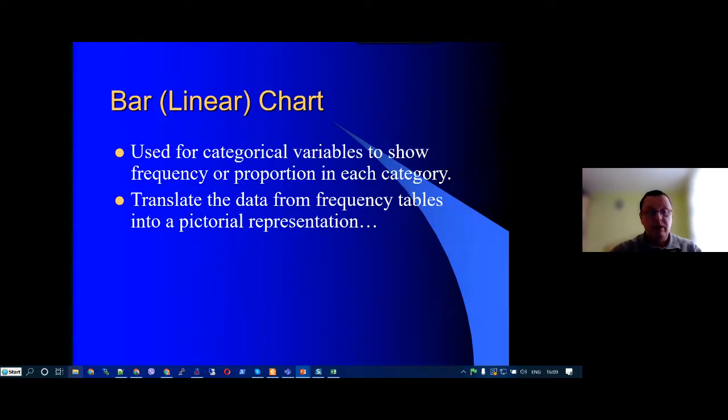But right now, just a quick review. Most often the chart type is a bar or linear chart, which is used for categorical variables to show frequency and proportion in each category. By definition, the independent variable, or the variable which lies along the x-axis, is categorical or non-numerical, even if it could be depicted in the form of digits.